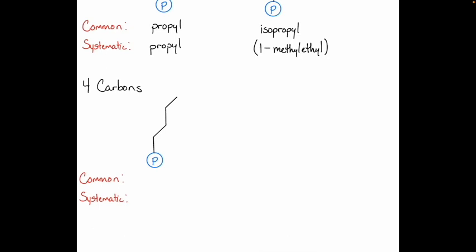It's also the systematic name, nothing crazy there. If we have 4 carbons, but now we have a branch point at the end where we have a little fork again, this is an isobutyl group.